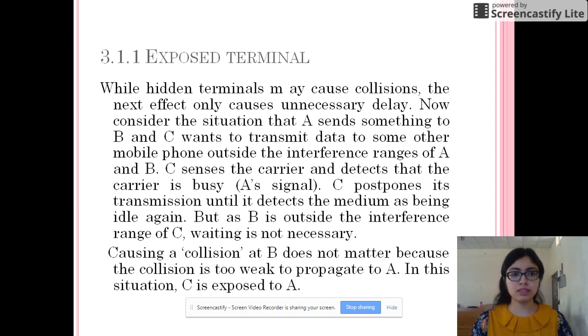Exposed terminal: while hidden terminals may cause collisions, this next effect only causes unnecessary delay.